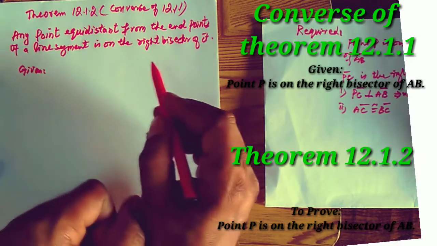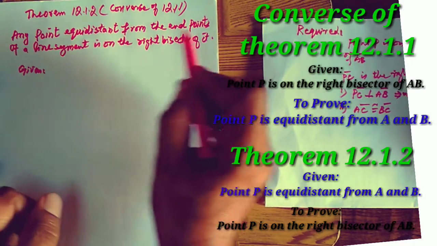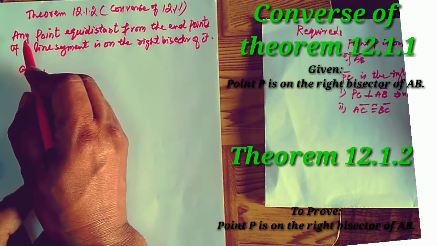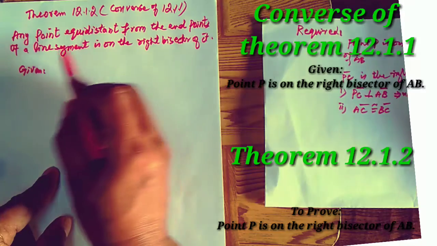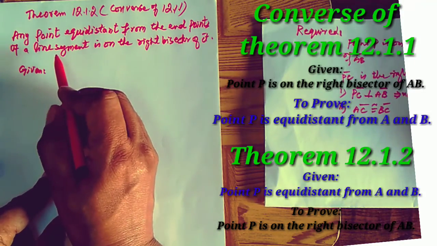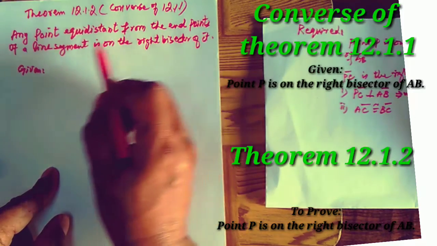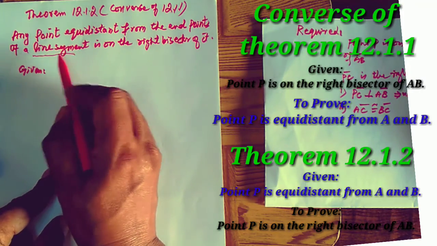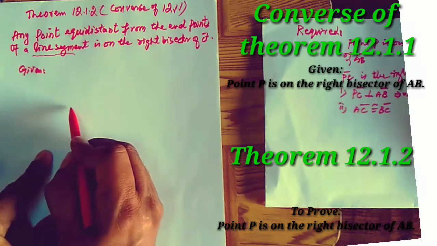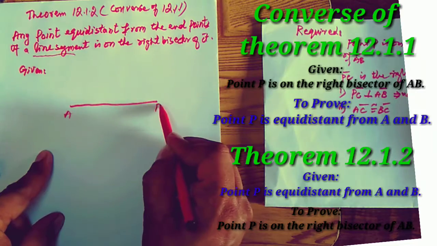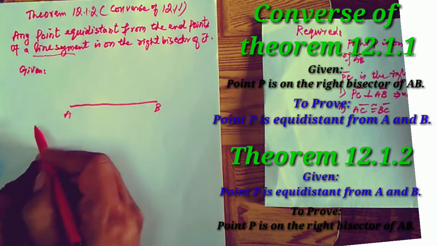This statement is divided into two parts. One part is given and another part is what it proves. So its given part is: any point equidistant from the endpoints of a line segment. AB is a line segment.